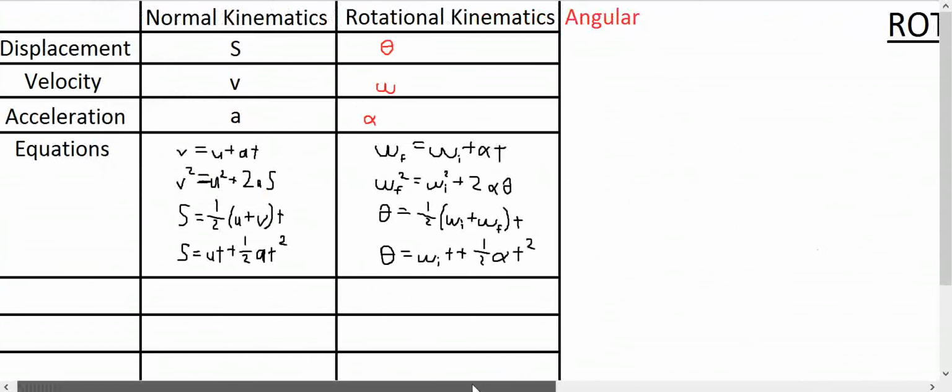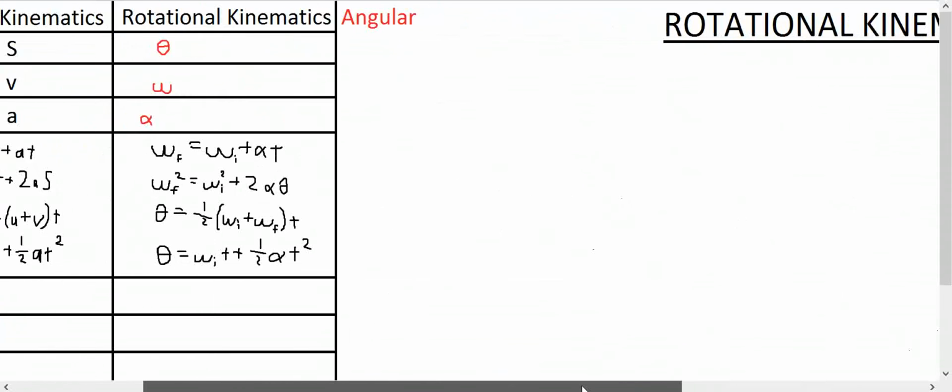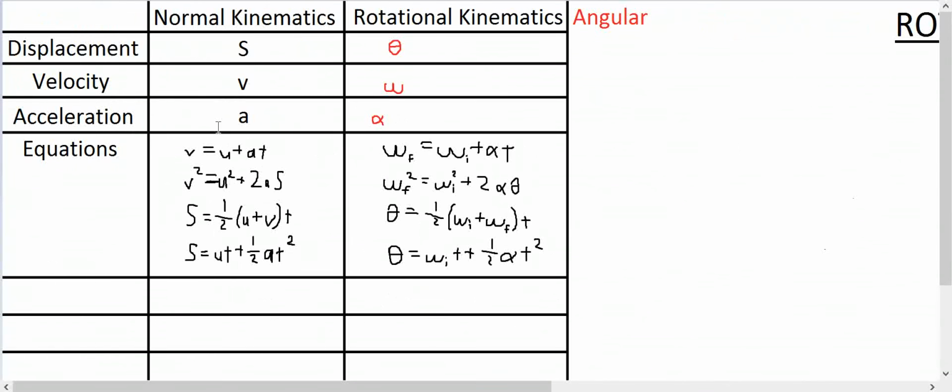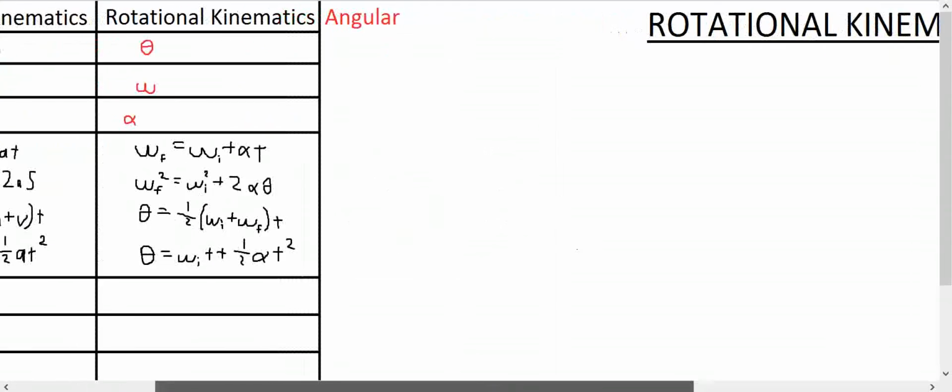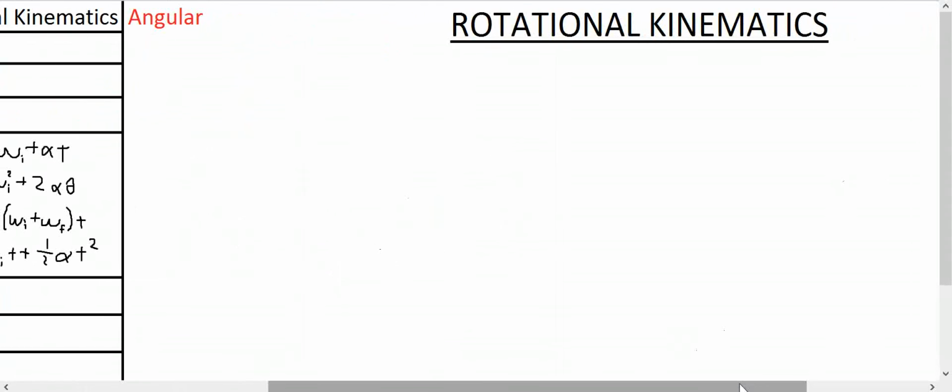In fact, angular displacement, velocity, and acceleration aren't the only quantities in rotational kinematics. There are also tangential quantities. So what do I mean by that?